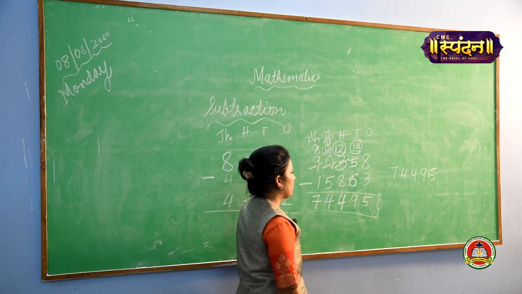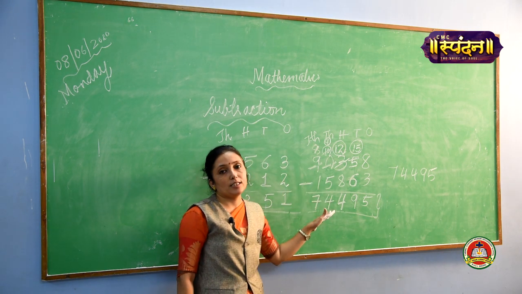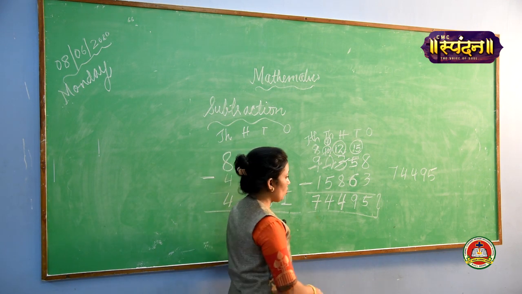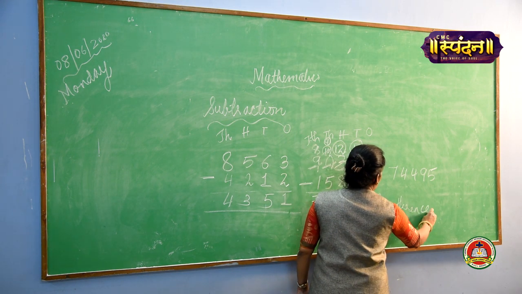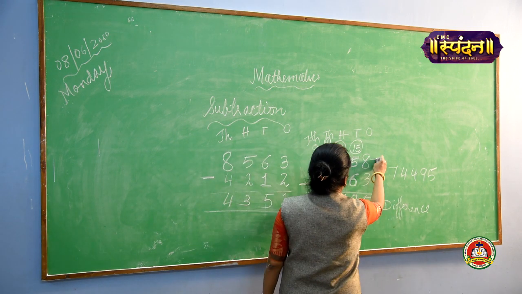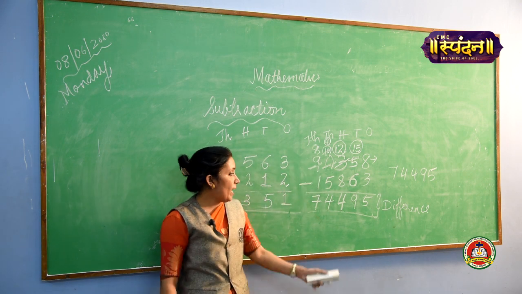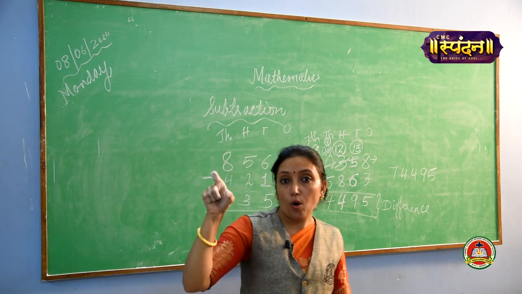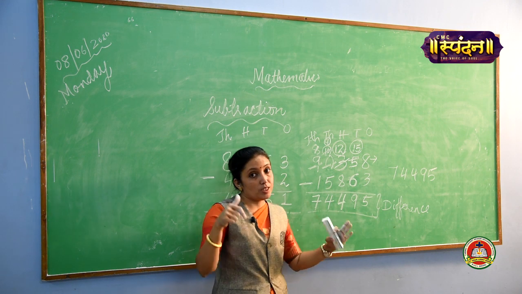Whenever you do subtraction, there are three things that are very important, and you need to remember them. This is always called the difference. This is your minuend. The larger number is your minuend and the smaller is your subtrahend, and the answer is the difference.